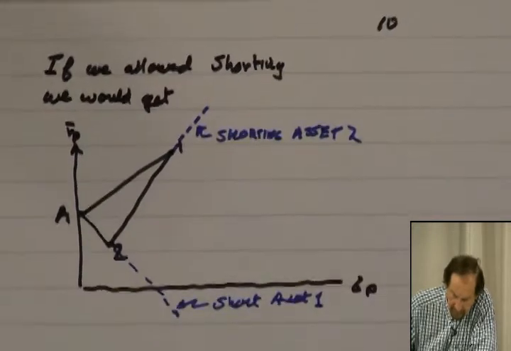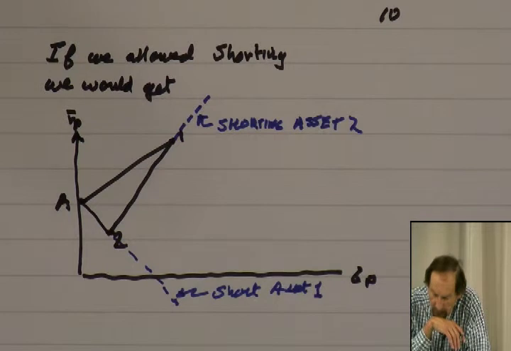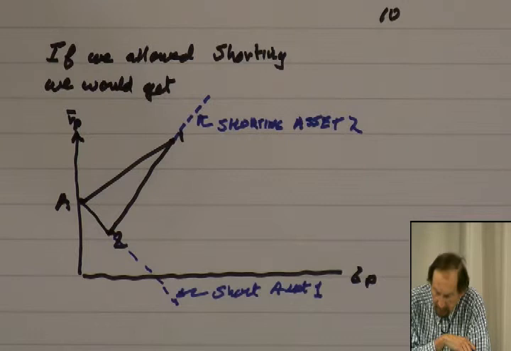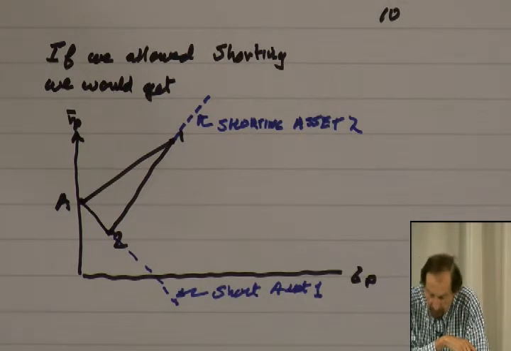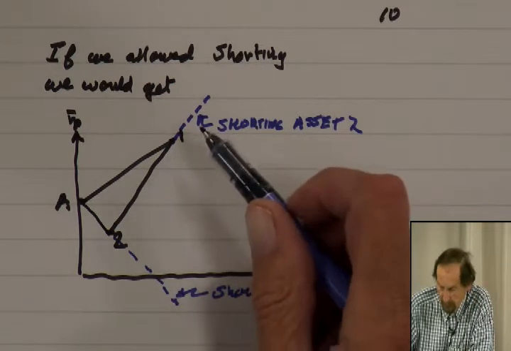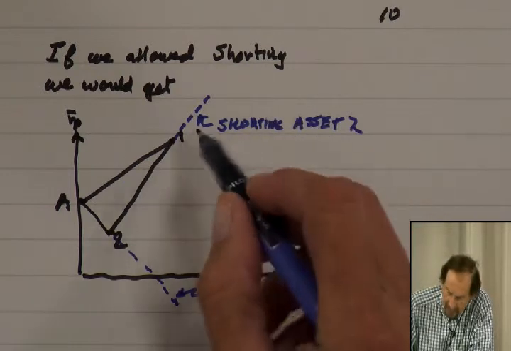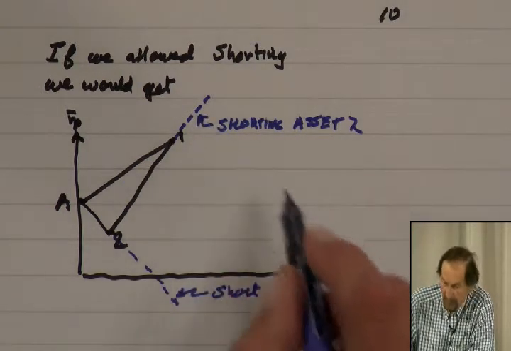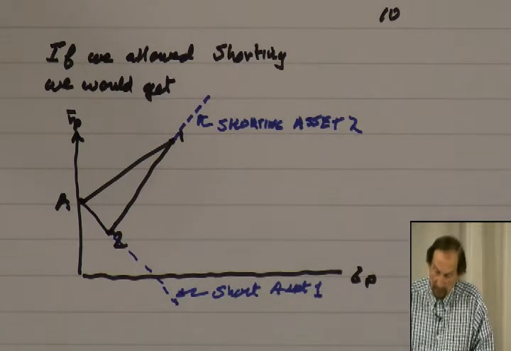So now you see a nice thing. It would never pay for us to short the better of the two assets, because we would get less and less expected rate of return, but we would still increase our portfolio variance. Now, if we short the riskier asset, then we can get a higher expected rate of return, but at the cost of a higher portfolio risk.